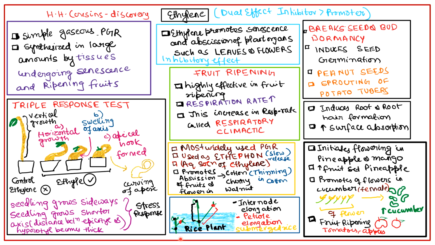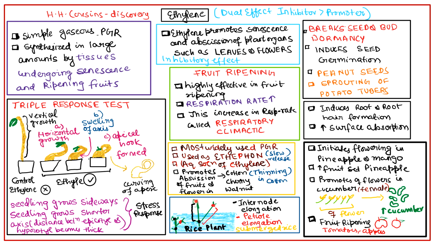This is a rice plant which is submerged, so that's also a kind of stress for the plant, right? Now the plant is submerged. How does it get light and air? So what will happen under such stress conditions? Ethylene is released and it causes both internodal elongation as well as petiole elongation.